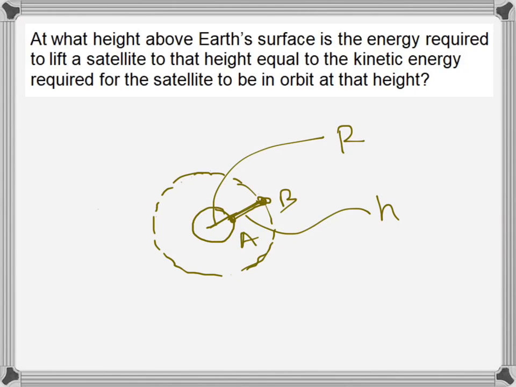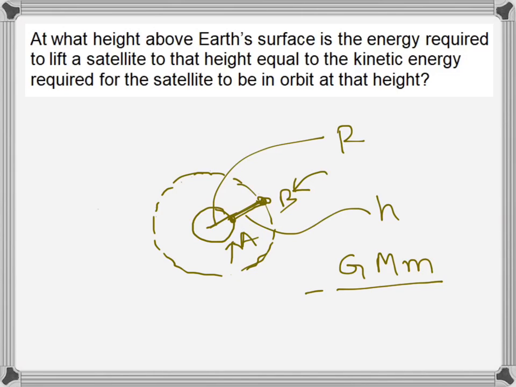And what is that energy? How do we find it? That energy will be the potential energy at point B, from which we subtract the potential energy of the satellite at point A. So potential energy at B minus potential energy at A will be the energy required. We know that the potential energy at any point is negative GMm, where m is the mass of the satellite, divided by the distance.